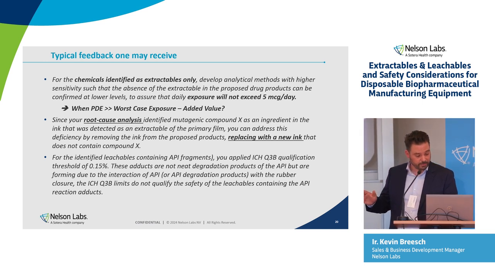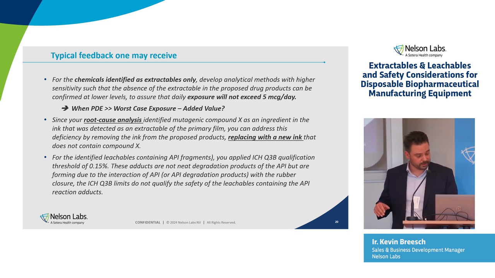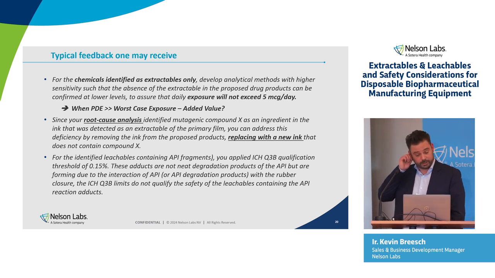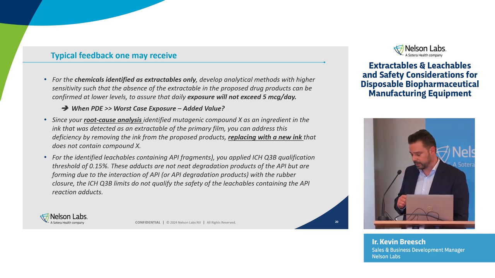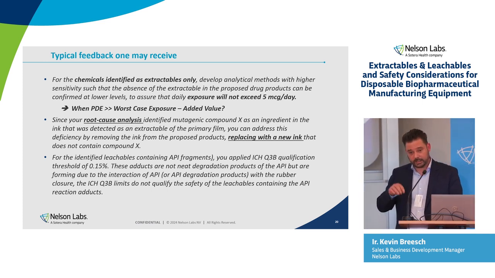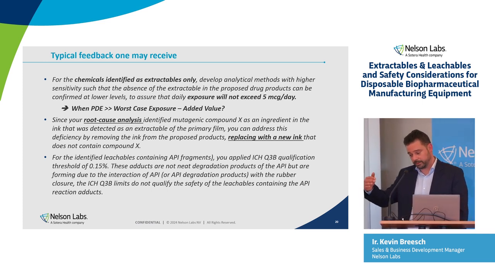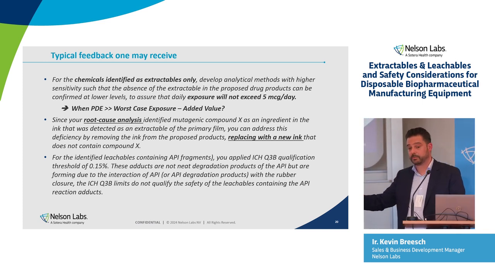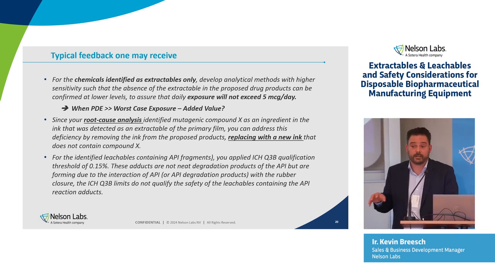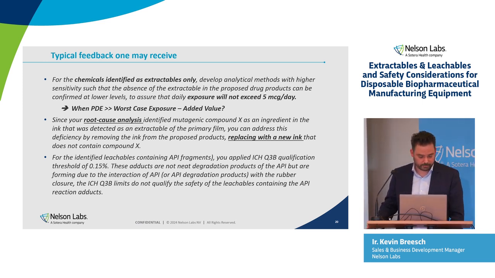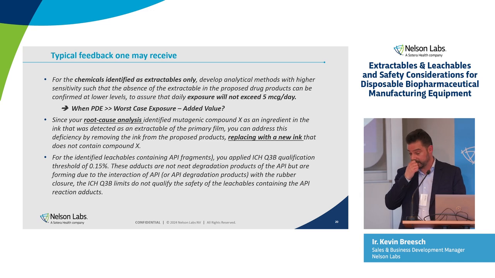The ICH Q3B limits do not apply for the safety of the leachables containing the API reaction adducts. This was my first attempt to qualify that adduct, because the ICH Q3B, and it's still there, lists degradation products, but also excipients and the reaction with primary packaging. It is in there. So I thought, we're good to go. We're using this 0.15%. It was not accepted.